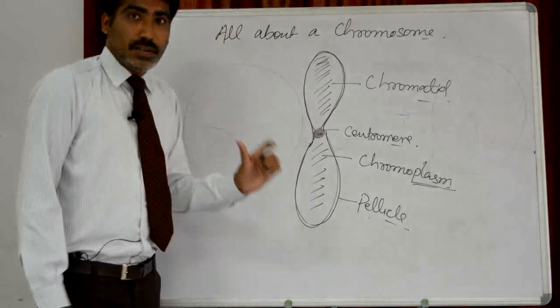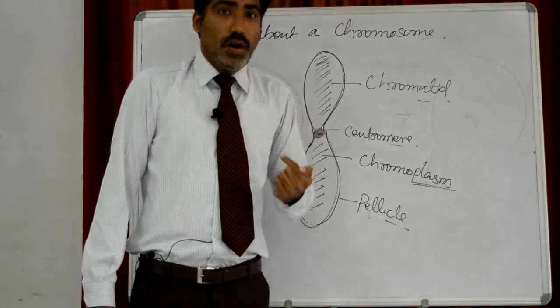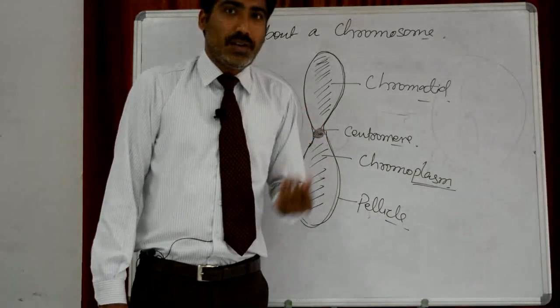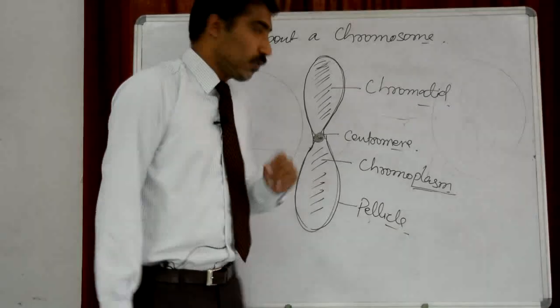Now we are going to discuss the chromosome in detail. You all know that the chromosome is made up of DNA. So we are going to discuss the DNA part of the chromosome.